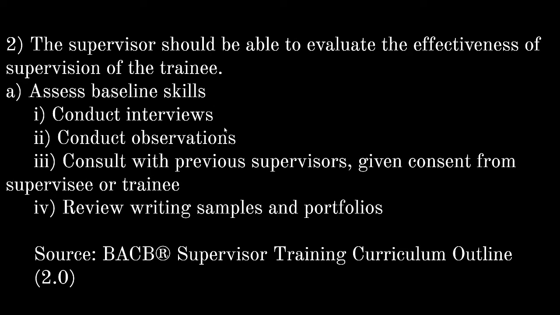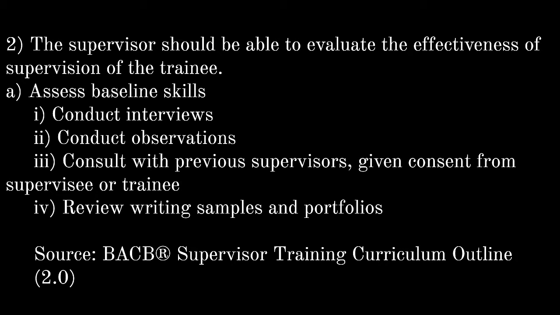You conduct interviews to know, what do you know about this topic? Conduct observations of your supervisee. Consult with any previous supervisors of your trainee supervisee, of course, given the consent of that person. Review writing samples that they may have done, or maybe of behavior intervention plans that they've written. Those are ways that you can evaluate the effectiveness of supervision if someone has had supervision, right?